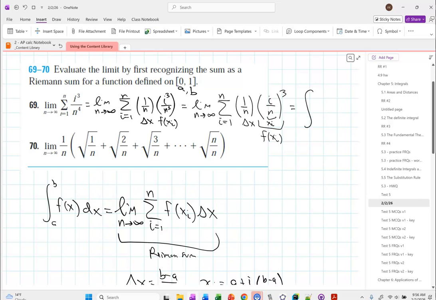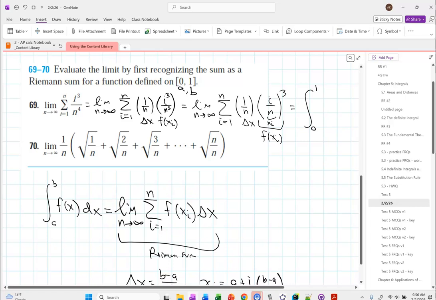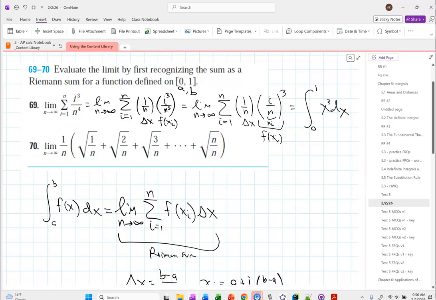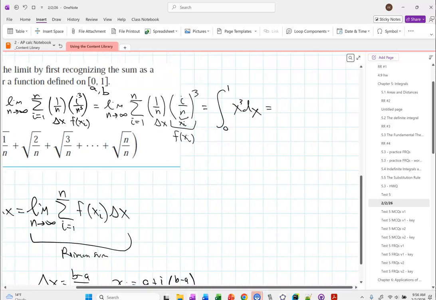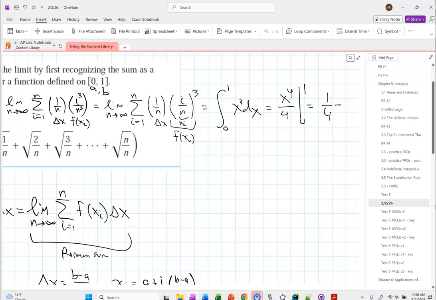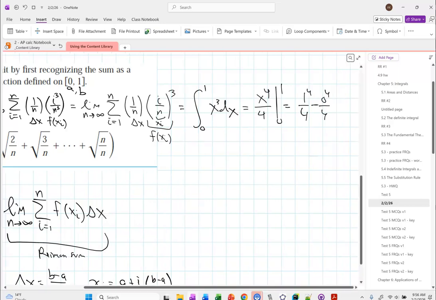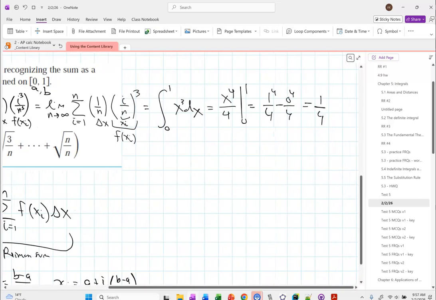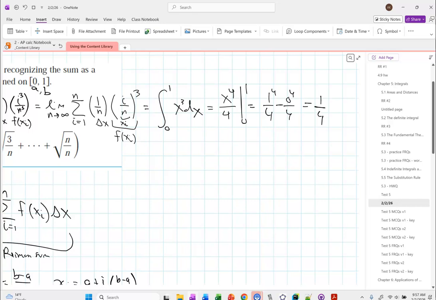So this is just going to be the integral from a to b of x cubed dx, which is something that we can do very easily. So rather than doing the Riemann sum, because that limit sucks, I don't want to do that. That was easy once I got it translated into an integral.